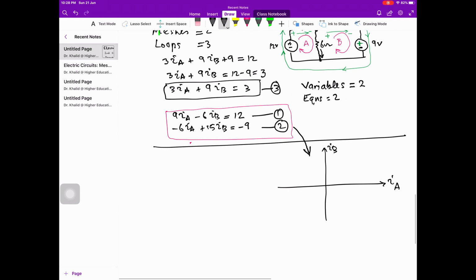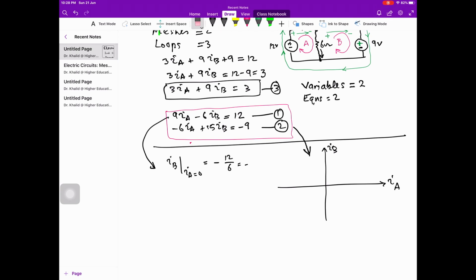We can use equation 1, and we see what IB is when IA is equal to 0. When IA is equal to 0, IB is minus 12 over 6, which is minus 2.